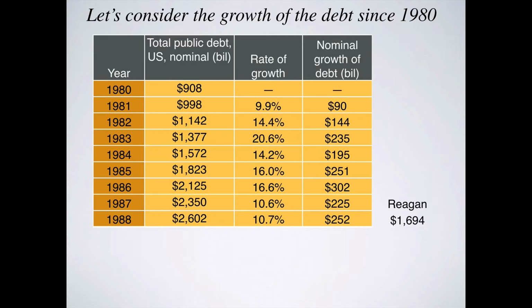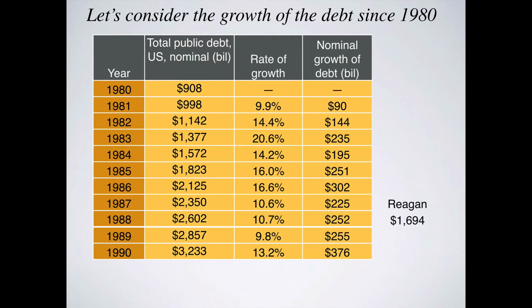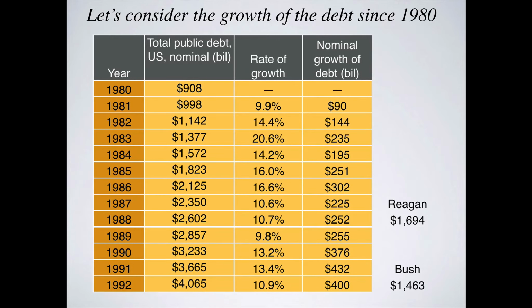Okay. Now, if we continue this into the next president, Bush, who had been the vice president under Reagan, so this is in a lot of ways a continuation. We get into the late 80s and early 90s. This is the Bush senior years, and you can see that pattern more or less continued unabated during that time.